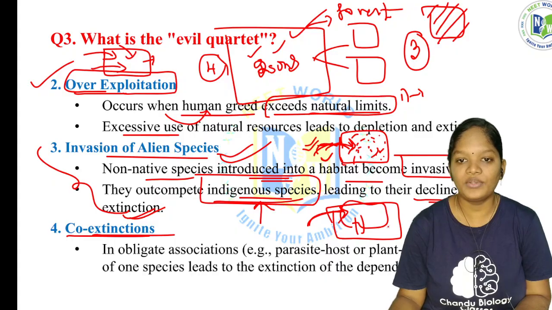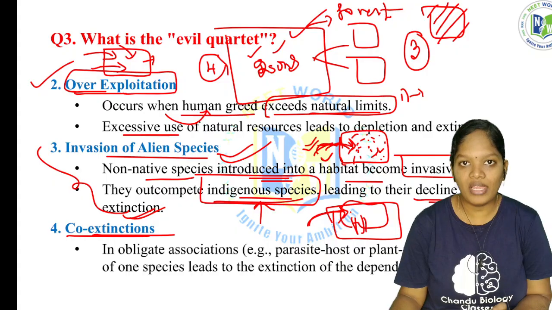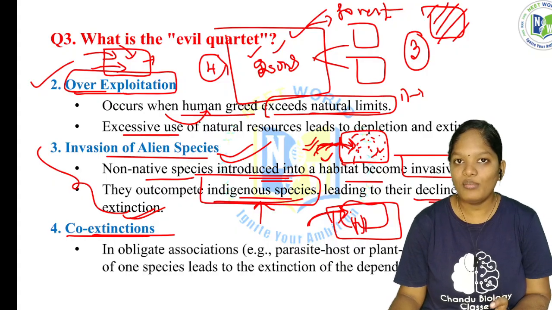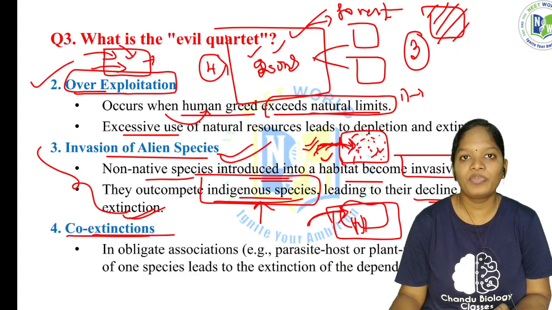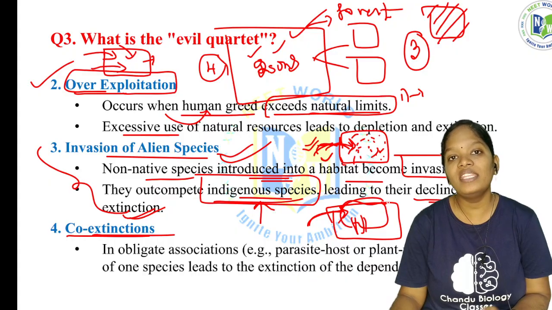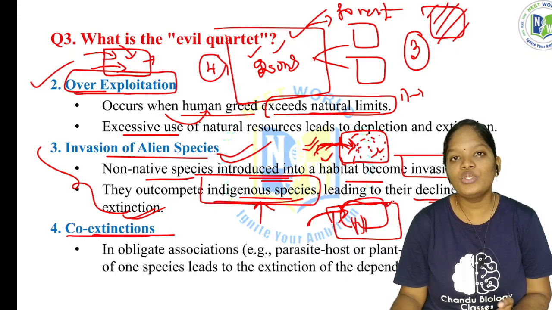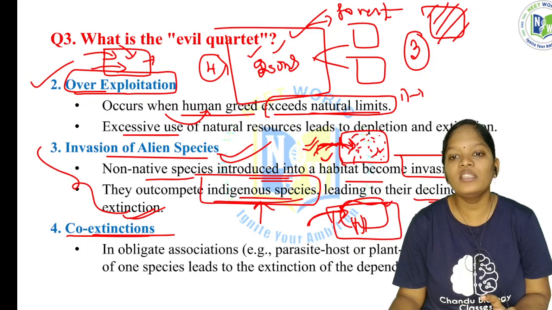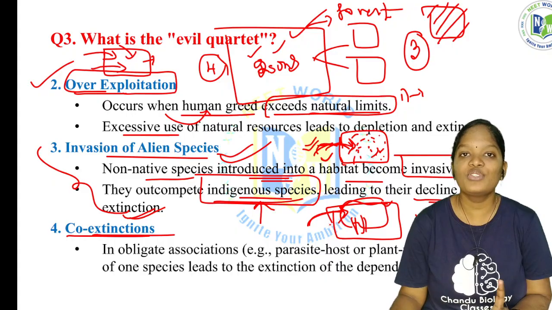The plant has pollen, and the insect's legs become full of pollen. When the same insect reaches another plant of the same species, it spreads the pollen to that plant, which results in pollination. So the plant is benefited and the insect is also benefited.